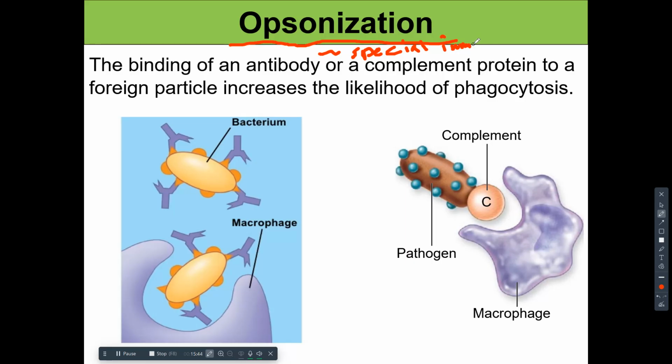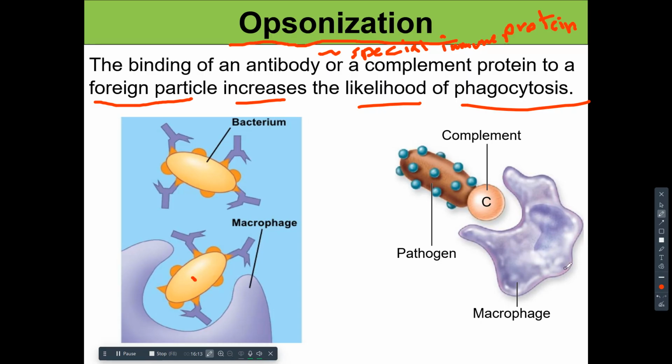But an antibody is a special immune protein made by B lymphocytes. And when an antibody or this other type of immune protein known as a complement protein binds to a foreign thing, that increases the likelihood of phagocytosis. So macrophages are much more likely to engulf a bacterium with antibodies attached to its surface.